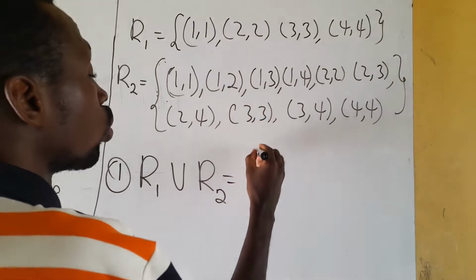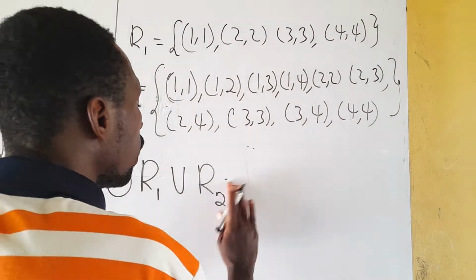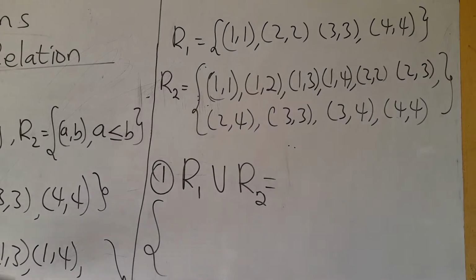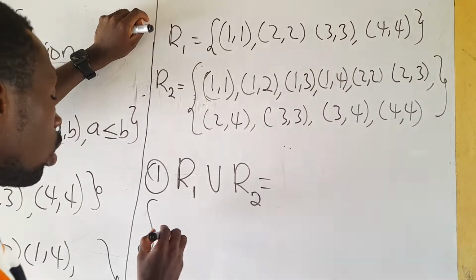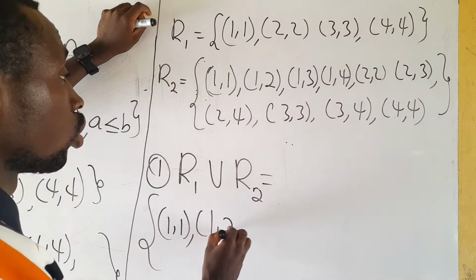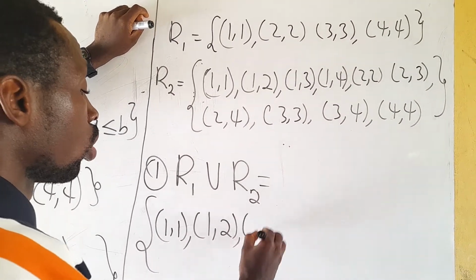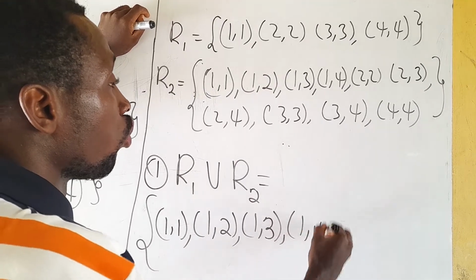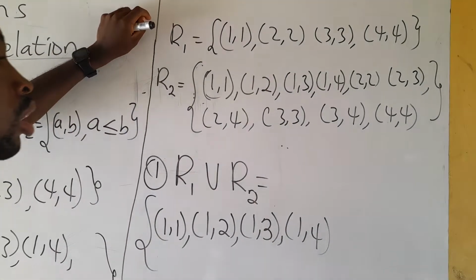So this will be equal to, now we combine them. So we have 1, 1, 1, 2, 1, 3, and 1, 4. They are all here.